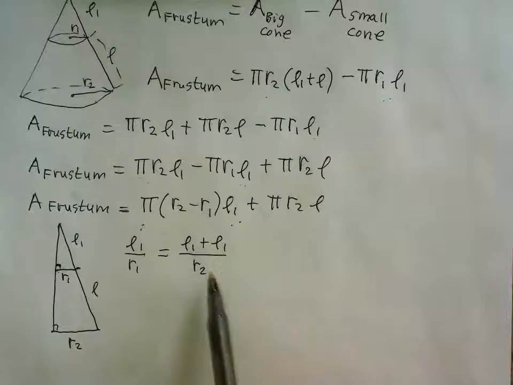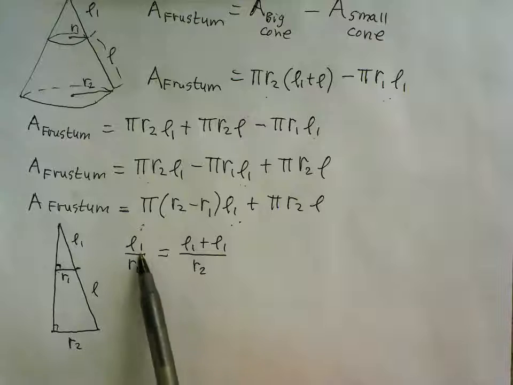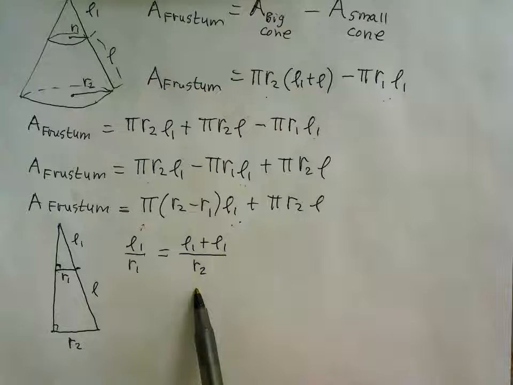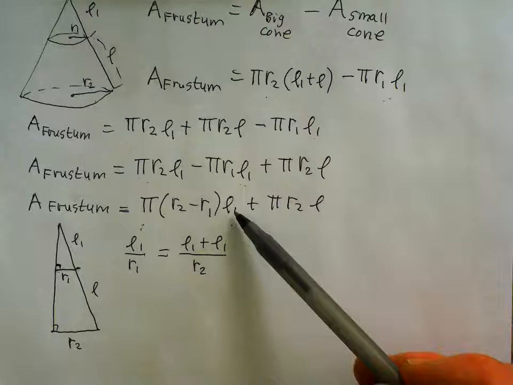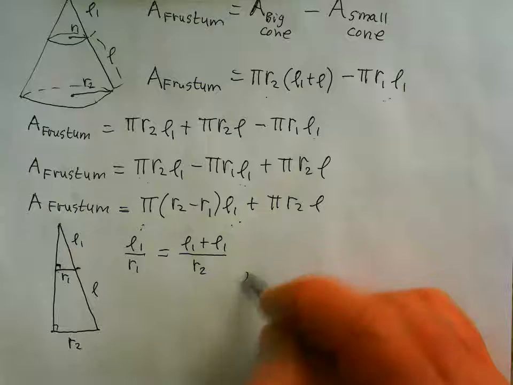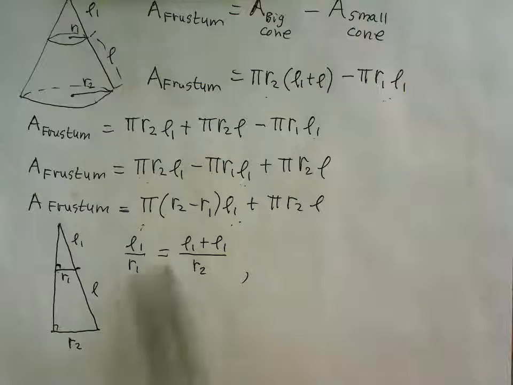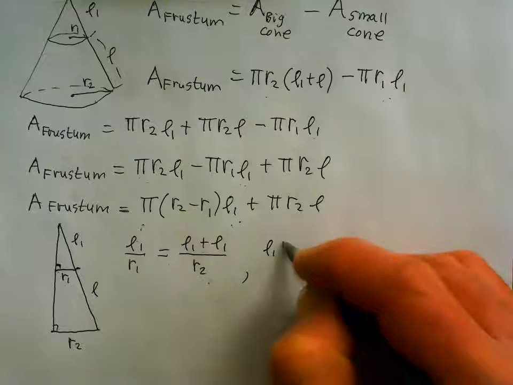Okay, so what we're going to do is solve this equation for L sub 1, and then in the equation above that, we're going to replace L sub 1 with that quantity. If two fractions are equal, the cross products are equal. One cross product is L sub 1 times R sub 2.